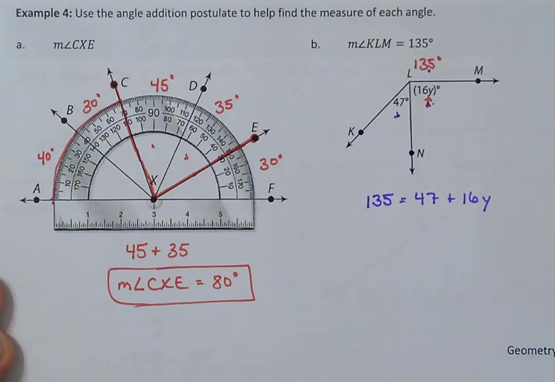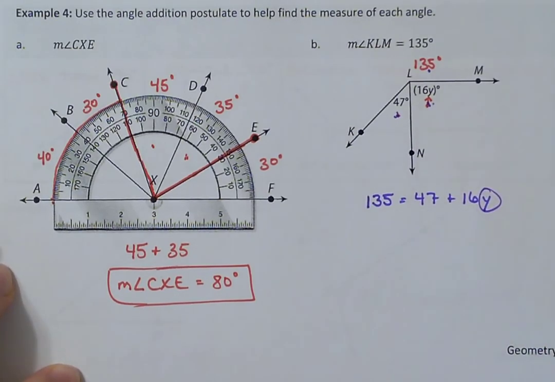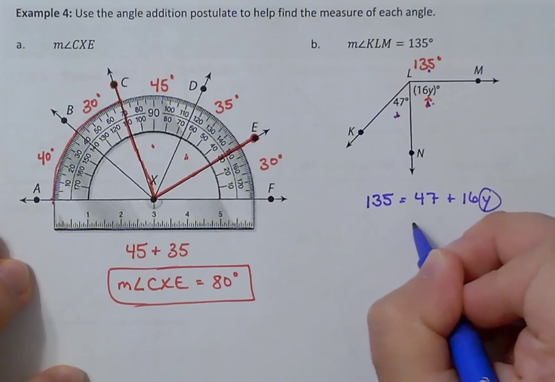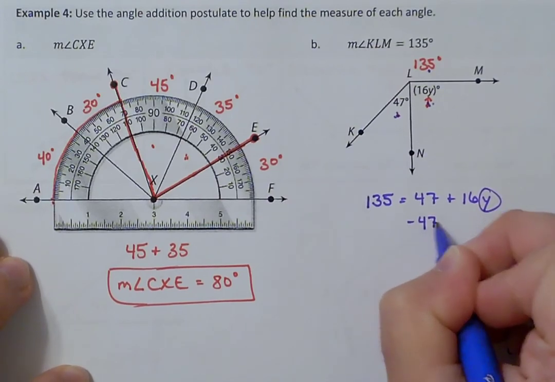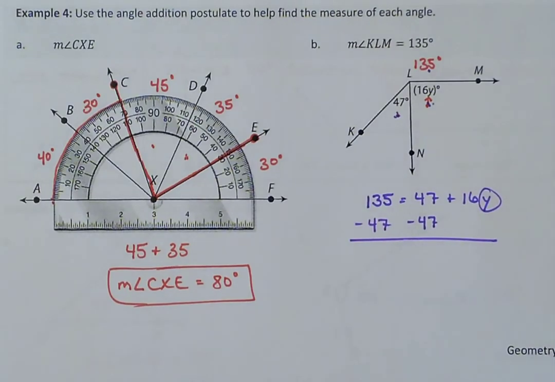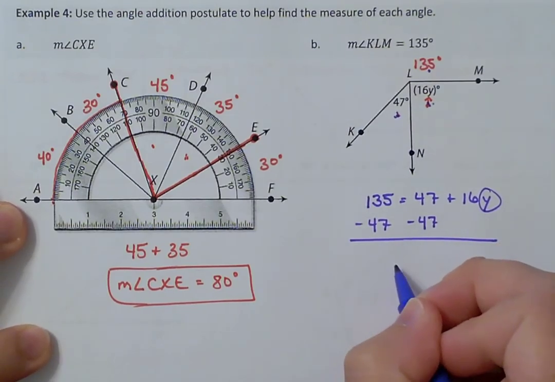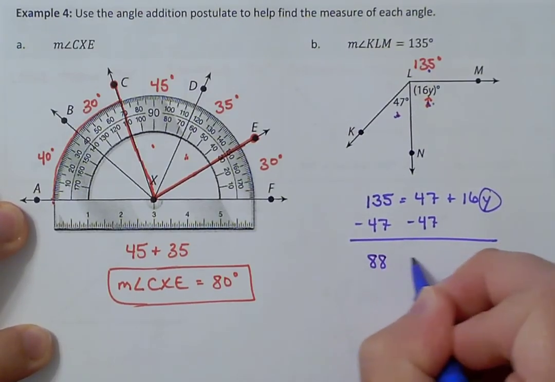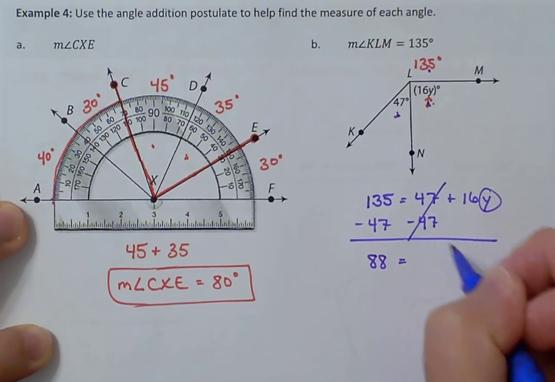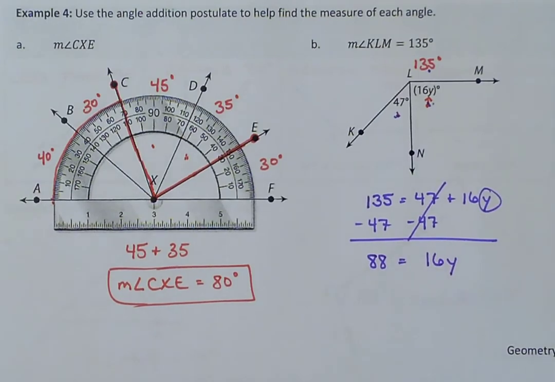So you're just going to use your basic algebra skills to solve for y. We want to get y alone. So our first step is to subtract 47 from both sides. When I subtract 47 from both sides, 135 minus 47 is going to be 88. So I end up with 88 equals 16y.